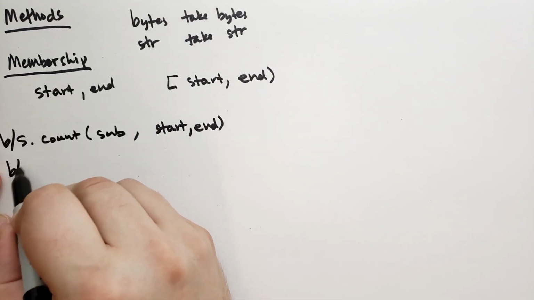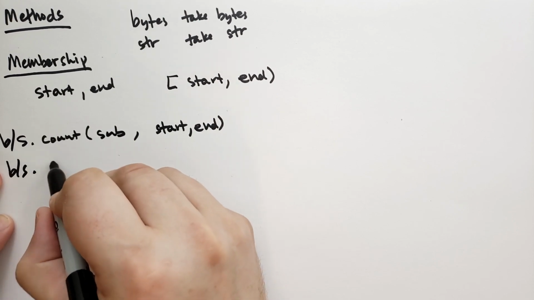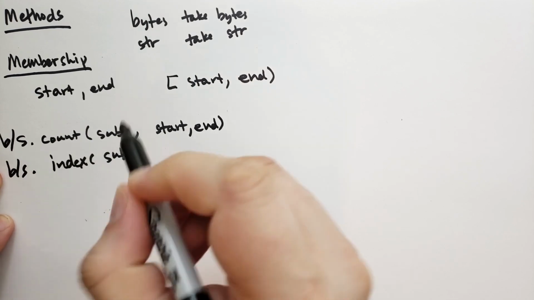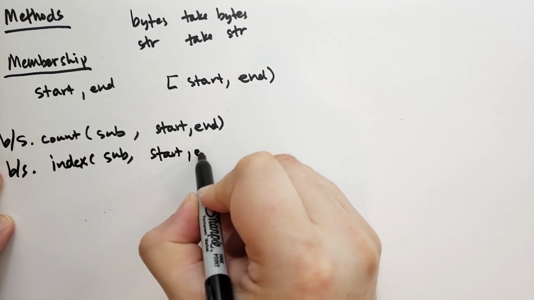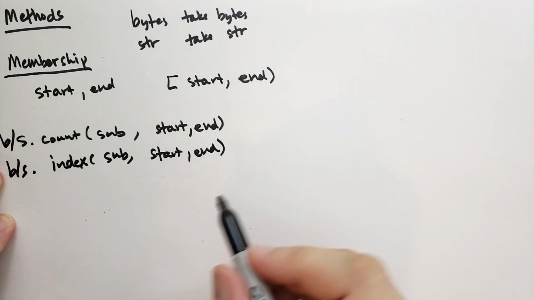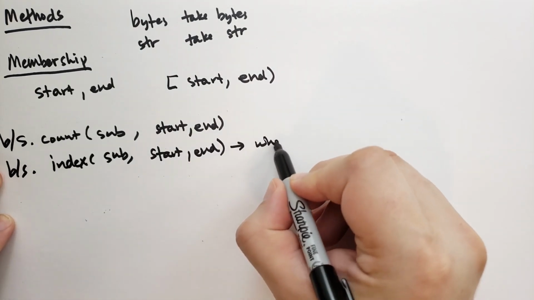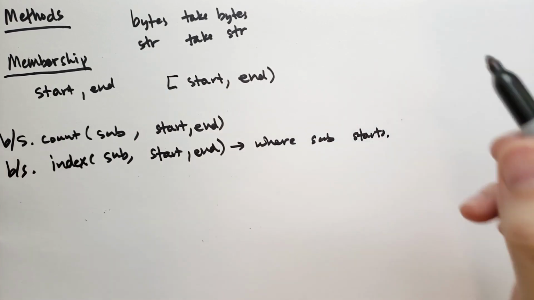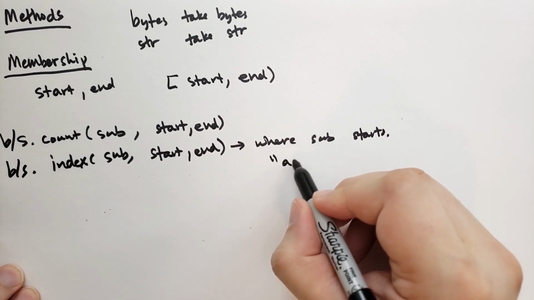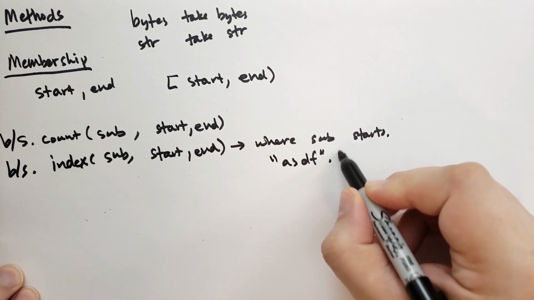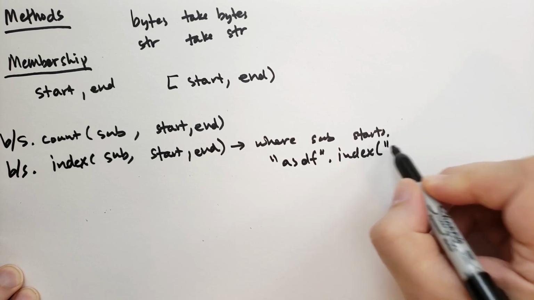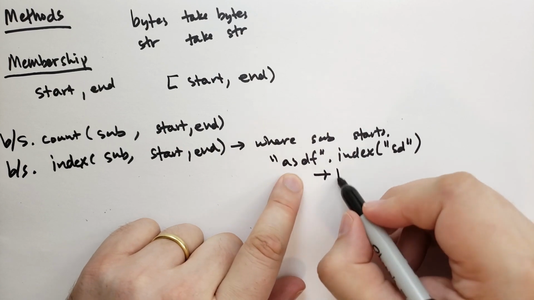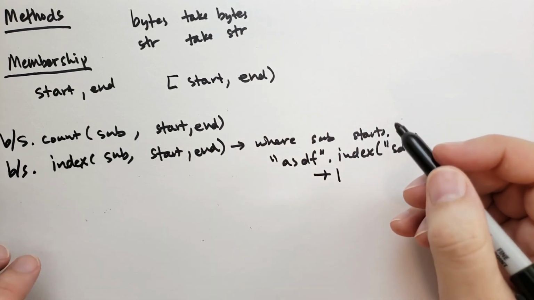Okay. You can also, for bytes or strings, do index. And you specify some substring, and again, start and end. And what this will do is return where the substring starts. For instance, if I did ASDF.index and I'm looking for SD, then this will return 1, because 1 is where the SD starts.